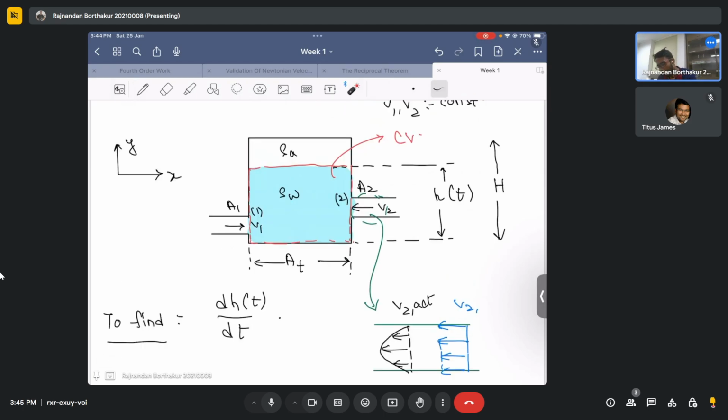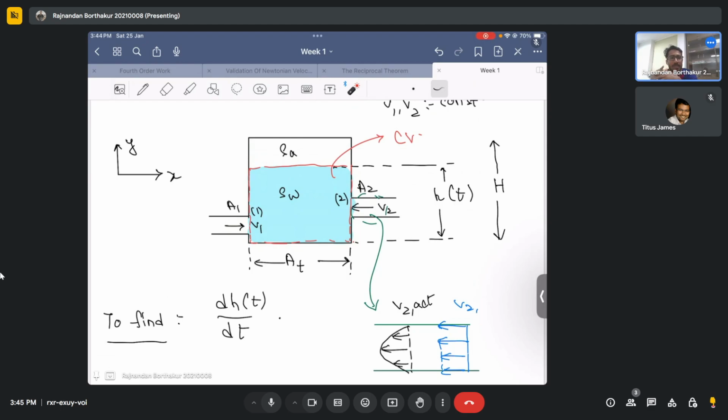Try to think of it like this. What is essentially happening is that there is a water stream coming in from two directions, and because of these inflowing streams, water is getting accumulated in the tank. If I apply mass conservation, there is a mass flow rate coming in from two directions, due to which there is mass accumulation taking place inside this control volume.